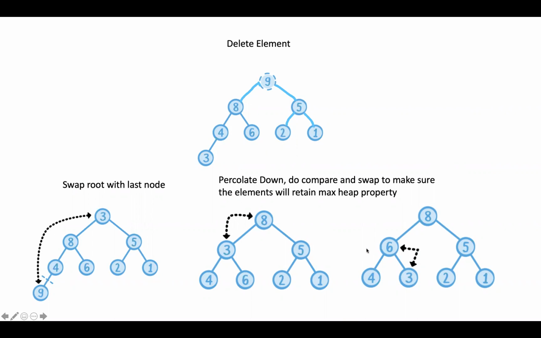For now it looks like 6 has the highest priority, but it could be that 3 has the highest priority, or 4 has the highest priority. So by clubbing these three elements, it will give me the highest priority.